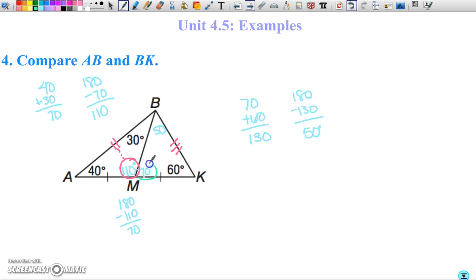Whereas this one is across from a 70-degree angle. So what that would mean then is that our AB is going to be greater than BK. Or if you wrote it the other direction, you could write that BK is less than AB, which is also the same thing. It's like saying I'm older than you or you're younger than me.